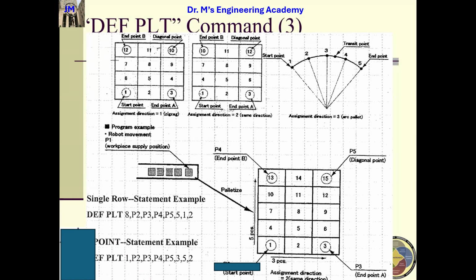However, for a single row, I only have pieces in this direction, but in the second direction I only have one single line. That means I can just bend this rectangular shape. That means the first and third points are identical, and the second point and fourth point are identical.